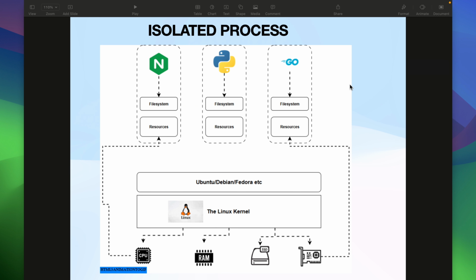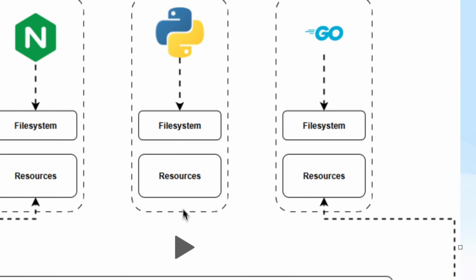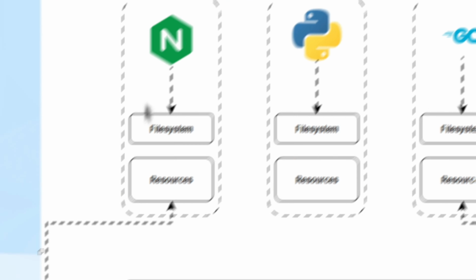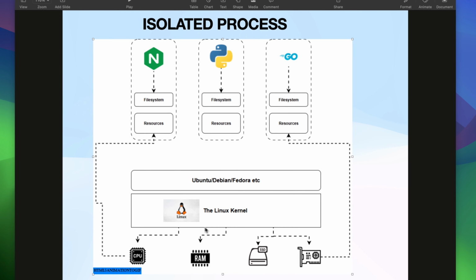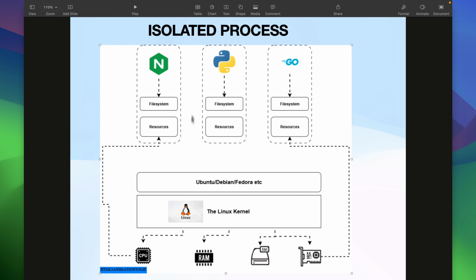The idea here is that we cannot have all these applications running on the same host, right? But we also want to isolate them. So each application now has its own file system, its own resources, its own network interface, and everything that a usual application can have on a specific hardware.